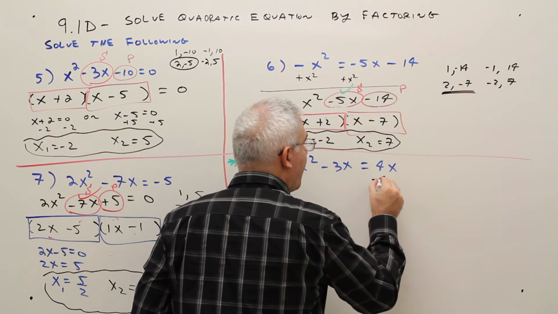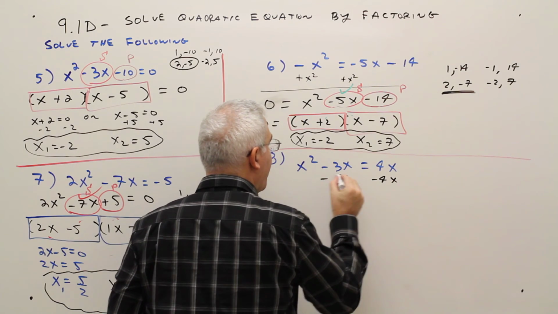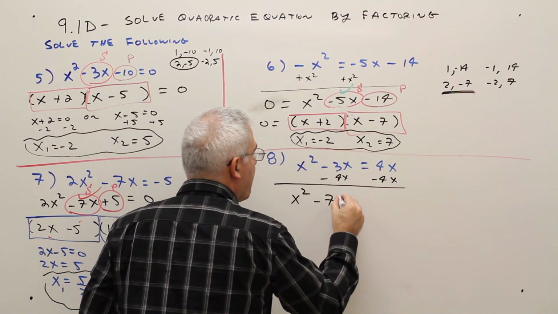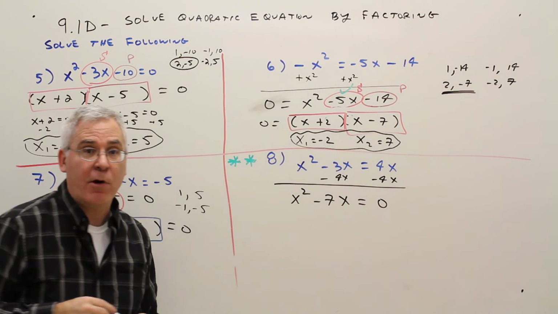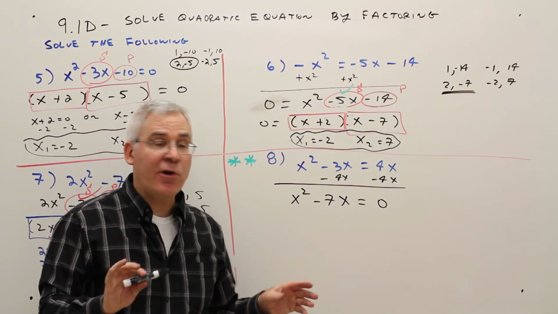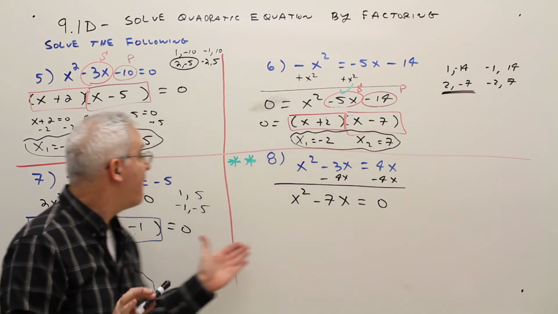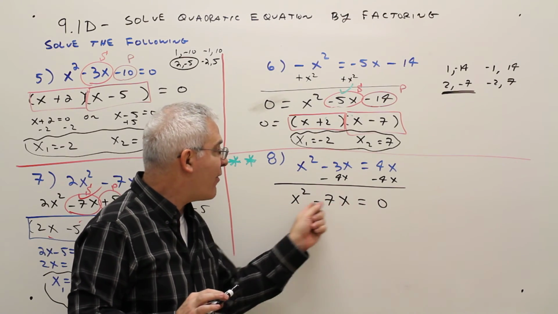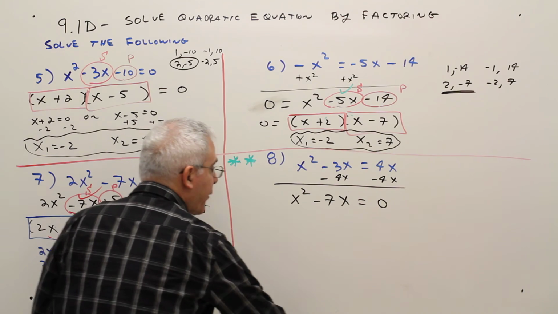So I'll go minus 4x, and minus 4x, and obtain x squared minus 7x equals 0. Once again, I've only got 2 terms. I'm not going to do the guess and check factoring like I've done before. What I'm going to try to do is factor out an x amongst both of those terms.